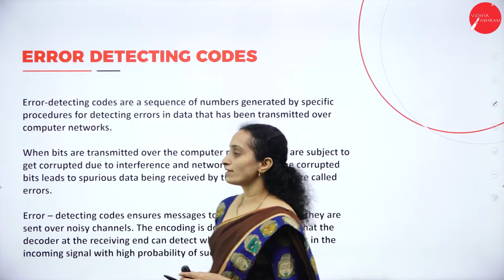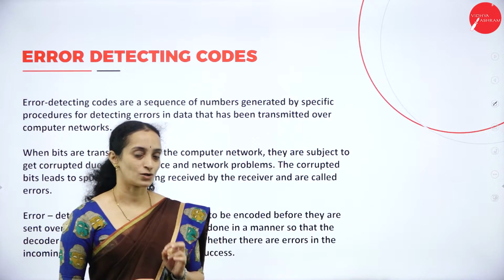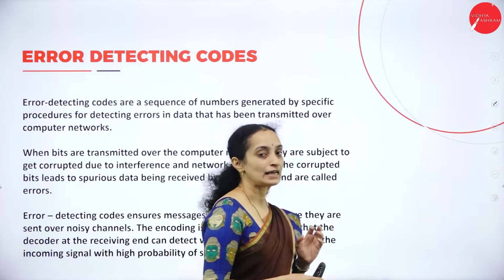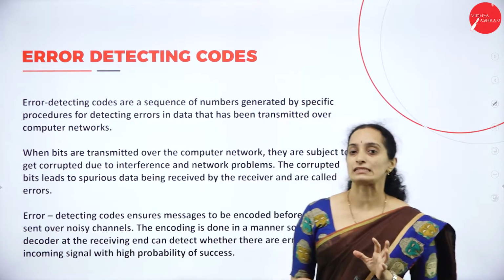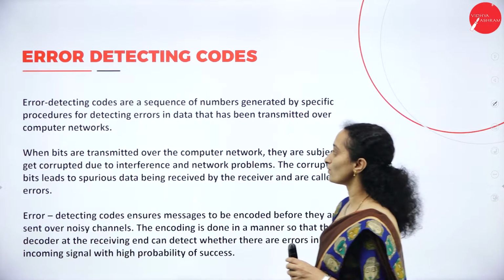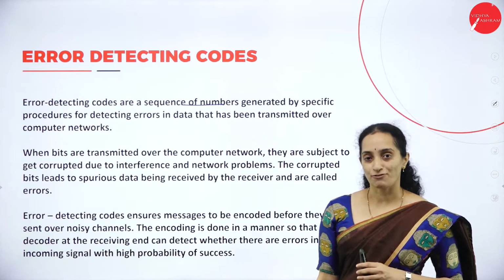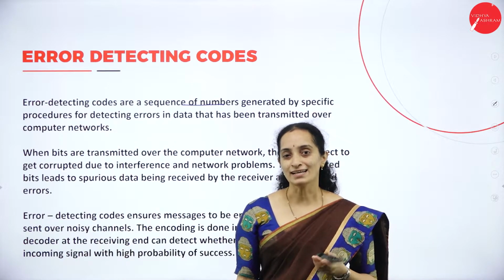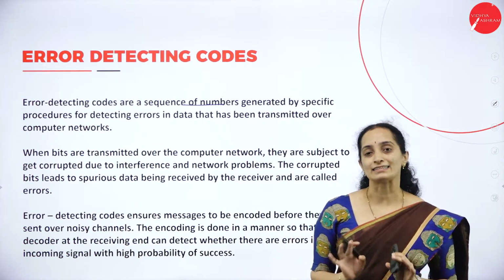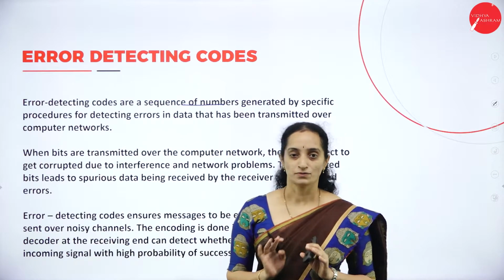Now we have the error detection codes. Why do you need error detection codes? What is the necessity of these codes? These are sequences of numbers. As I said, binary doesn't contain anything other than zeros and ones.